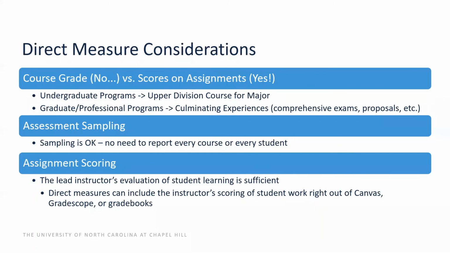And the nice thing about this is that direct measures, if you're relying on instructor scores, can be pulled directly from Gradescope, Gradebooks, Canvas, Sakai, those things that you're already doing. And so I think that this is really comforting, back to Brian's point, that even if there may be a report that's missing in your department, you have done this, you have monitored student learning. It's just gathering that data and connecting it with your outcomes.